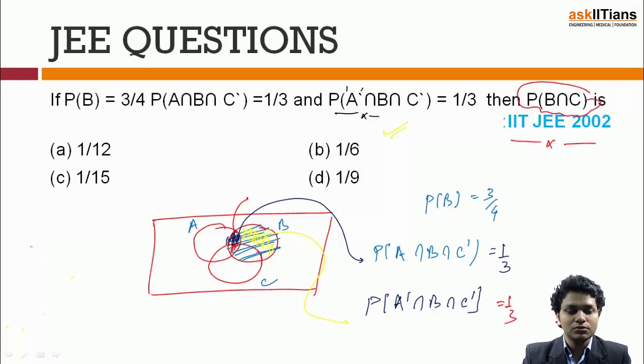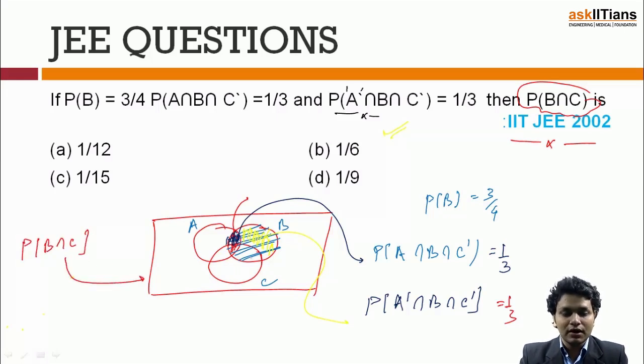The requirement is the probability of B intersection C, and from the given figure, can I say that this part can be written as the total probability of B minus this probability and this probability?